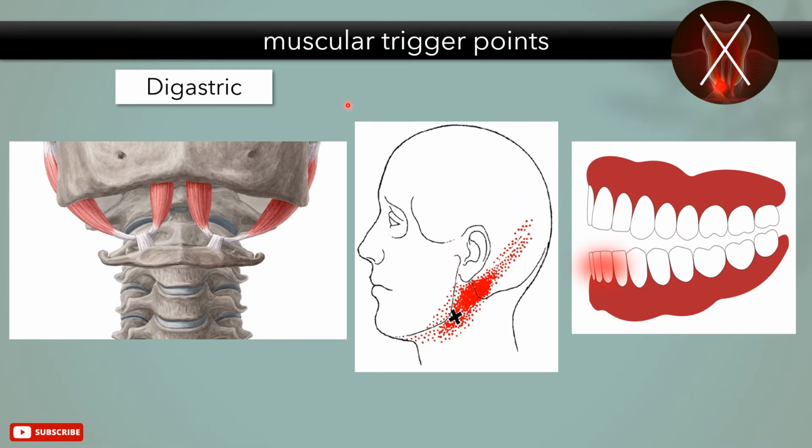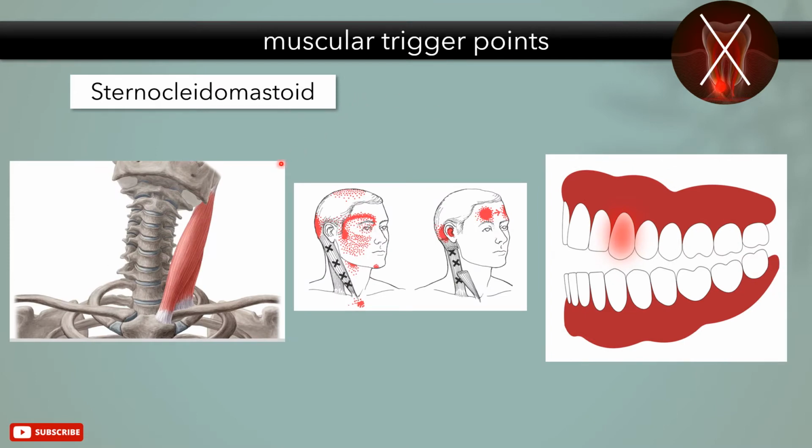Digastric muscle trigger points: when stimulated, the pain refers to the lower anterior teeth, particularly lower incisors. Another common head and neck referral pattern is from the sternocleidomastoid muscle to the periorbital area and may be felt in the ipsilateral canine.